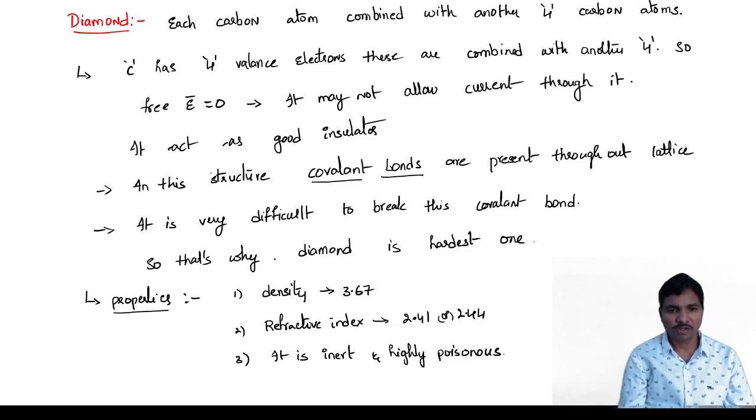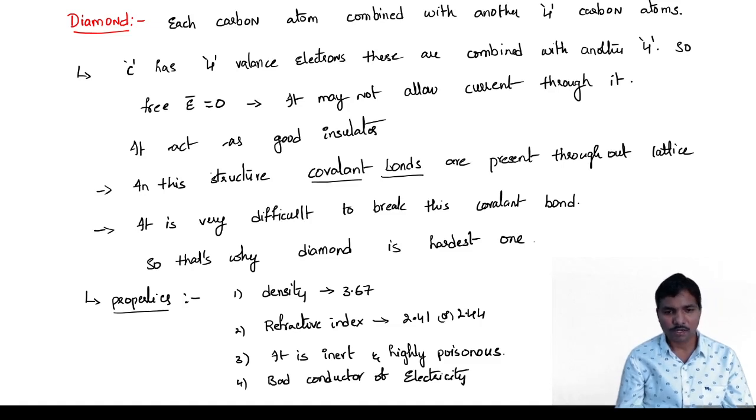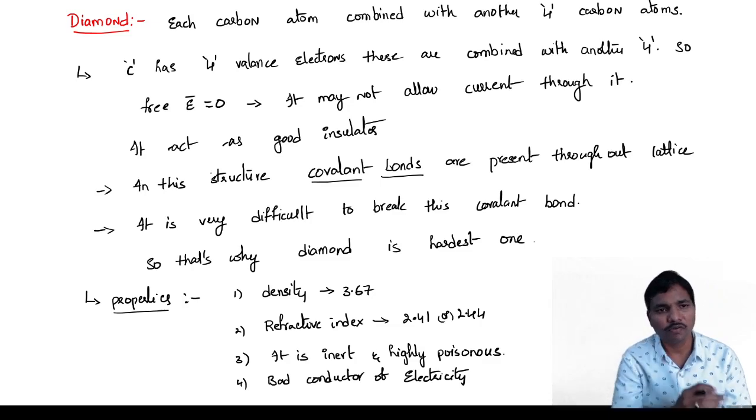Okay, and you know very well it is an insulator, a bad conductor of electricity. And you know very well where we are using this diamond. It is used in ornaments and also drilling machines because of its hardness.